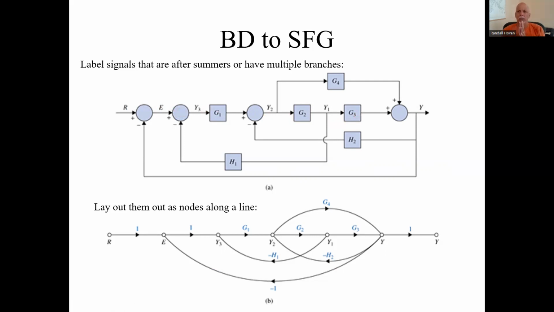What you want to do is label every signal in the block diagram that has one of two features. It either comes right after a summer or comparator, these round things, or it has multiple branches. So let's look at these signals.